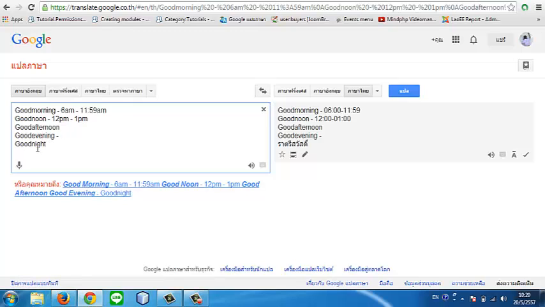The difference of good evening and good night: we use evening when we are to greet in the night, but when you are about to sleep, you can say good night. If you will not sleep yet, you can say good evening, but you can also greet good night in advance, like have a good night. Now this one, we can say in advance. Can I use have a good evening?